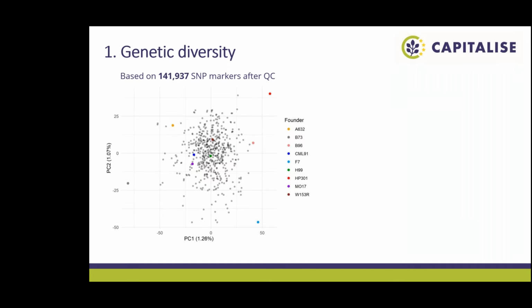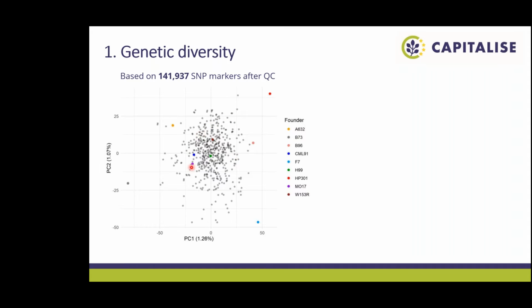So talking about the features of the MAGIC population, here I'm showing you a PCA. The colored dots represent the founder lines. The first 2 PCs explain a very low amount of genetic variation, and the first 10 PCs actually explain less than 10%. So what does it mean?